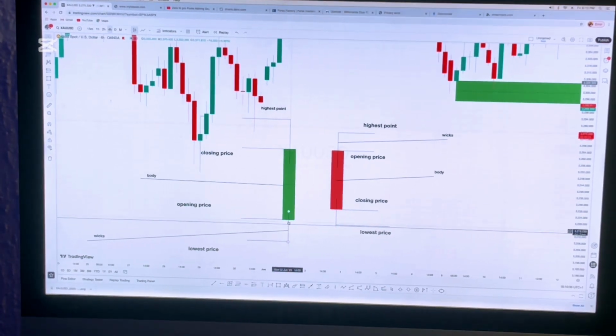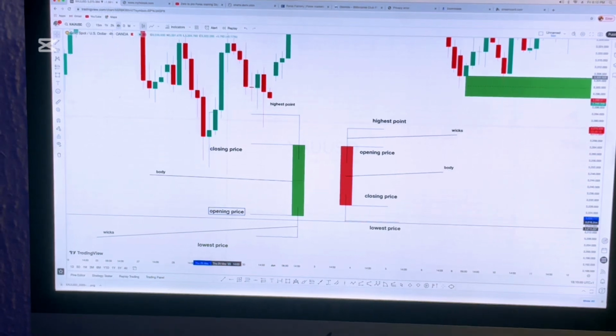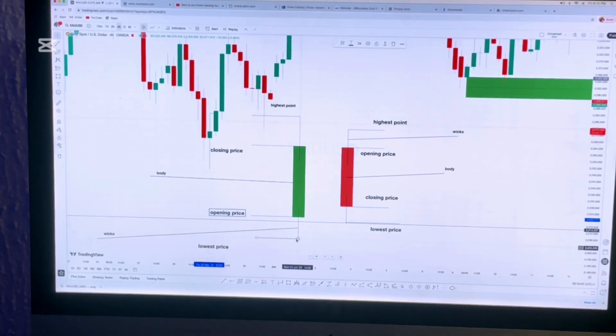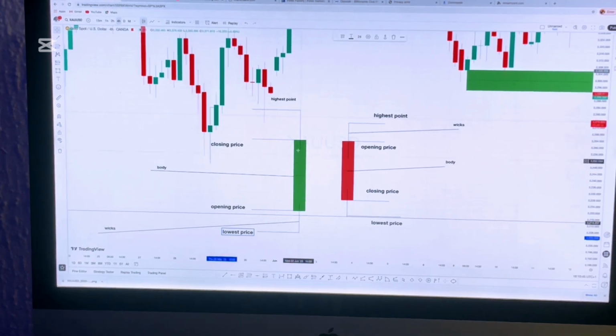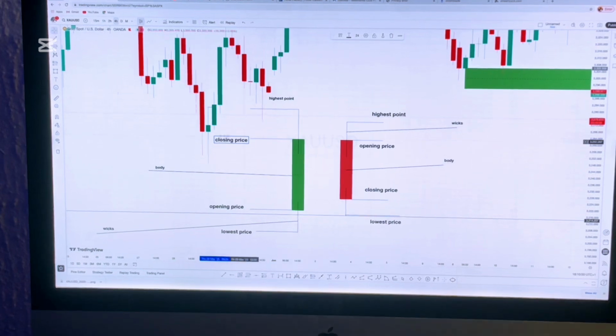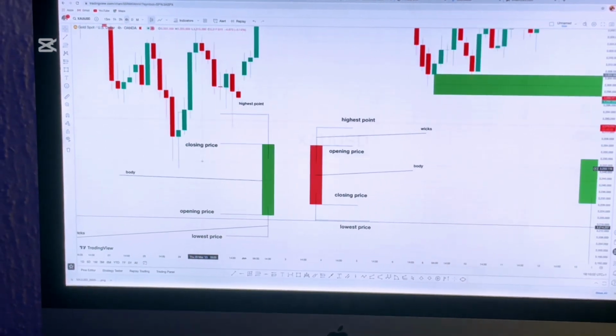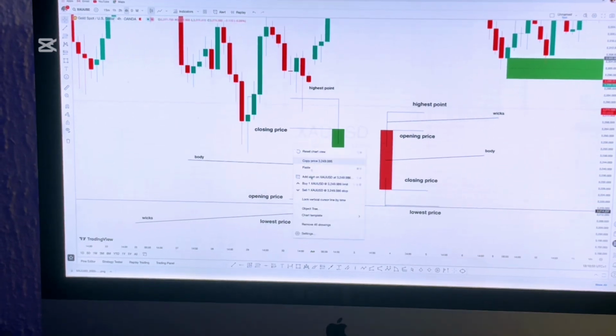The price came down again to this point and gave us the opening price. This is where price started from. Price pushed to the downside, then it gave us the lowest price, which is here, and then we see price push up, got to this point here, came back here and then closed at this point. So this is just understanding how the candlestick literally works.